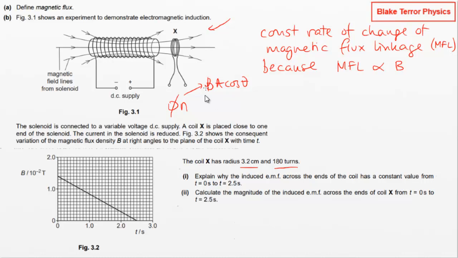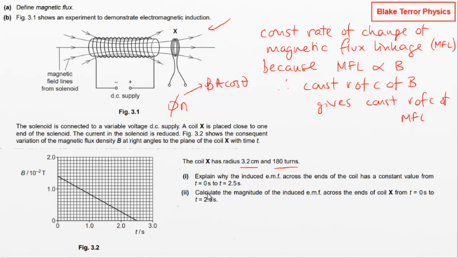So all of these things end up being proportional to each other. So we've got a straight line here, so I suppose we could say therefore constant rate of change of B gives constant rate of change of magnetic flux linkage.